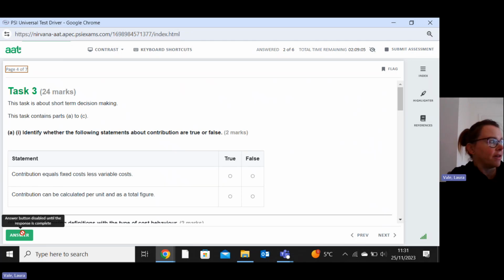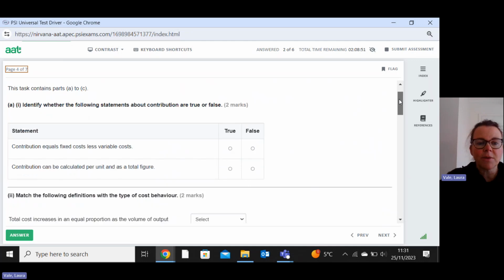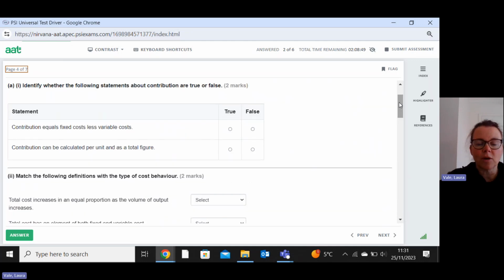Okay, on to task 3, which is another 24 marker. This one is about short-term decision making, so using your PV ratios, your break-even analysis. Identify whether the following statements about contribution are true or false. Contribution equals fixed costs less variable costs.